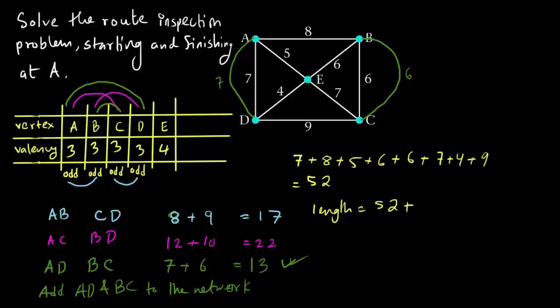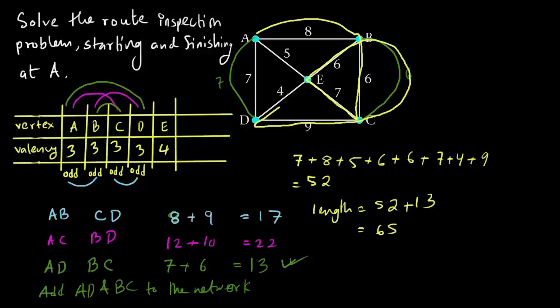The shortest arcs total 13, and this turns out to be 65. So the traversable path from A to A would be A, B, C, E, B, C, D, E, A, D, and then back to A.